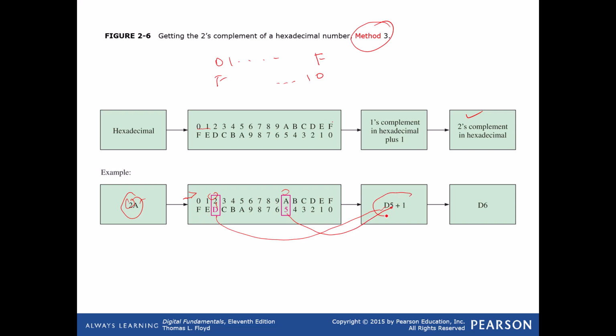Then I just add 1 to that, and this gives me the final result. I think this is the easiest one to do. I find it easier to follow, but I'm not going to impose my opinion. So we have 3 methods. Whatever you think is easy for you, go ahead and choose it.